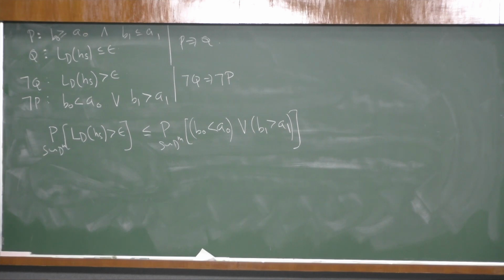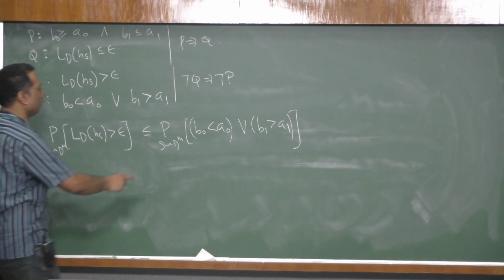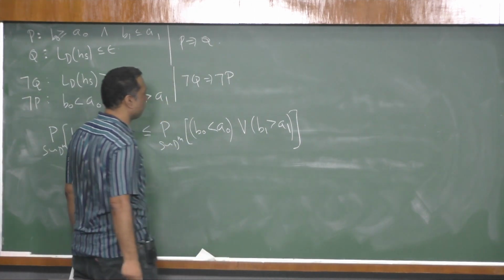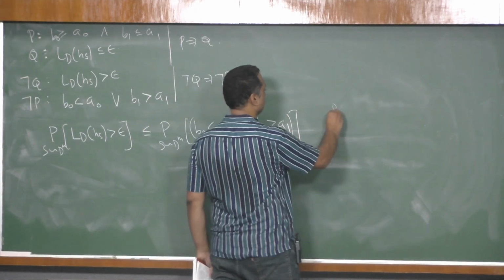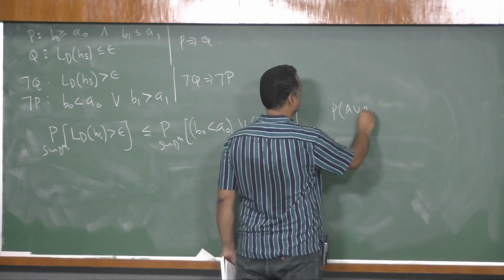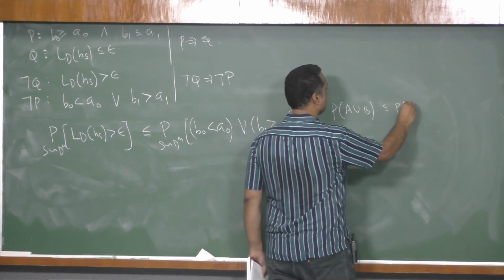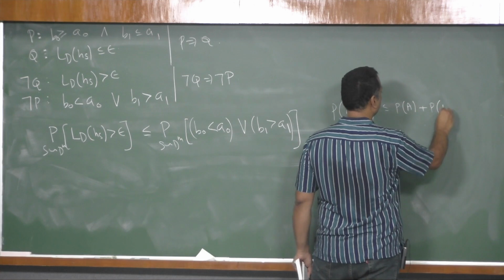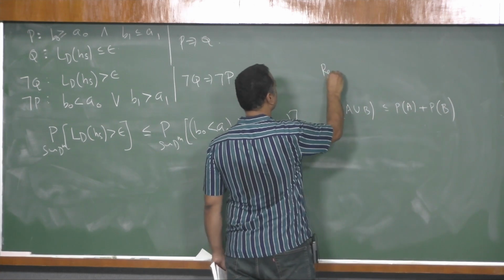And we have an or here, right? So probability of A or B, we can apply the union bound: probability of A or B is less than or equal to probability of A plus probability of B. Recall the union bound.